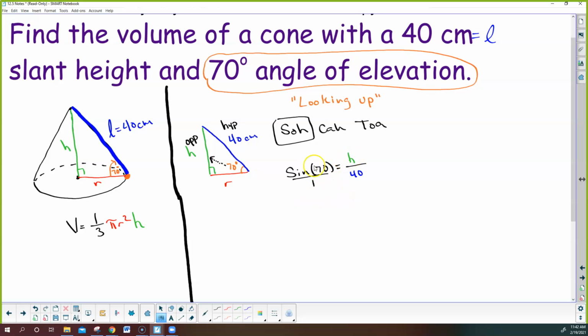H times 1 is h, and 40 times sine of 70. Or you could say, well, I have h divided by 40. I'm just going to times both sides by 40. However you want to think of it. We've got 40 times sine of 70 is equal to the height. Change that to green. And then the rest is in our calculator.